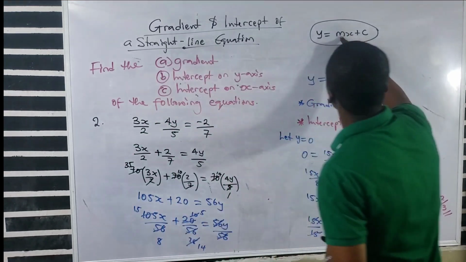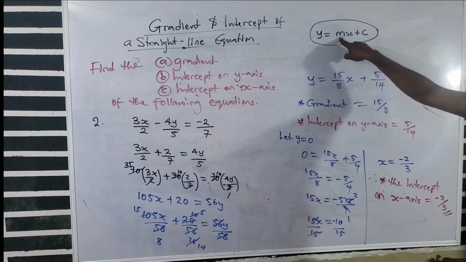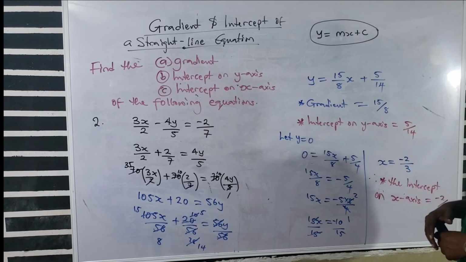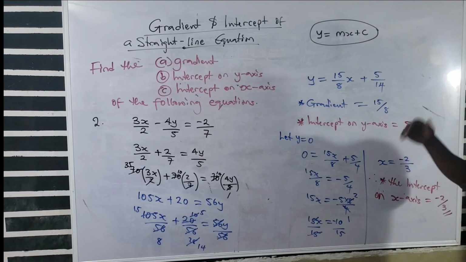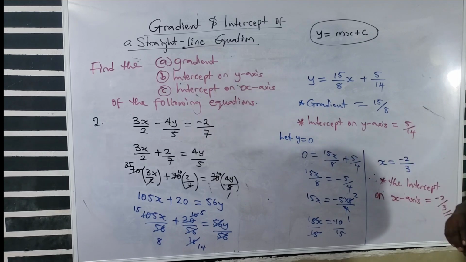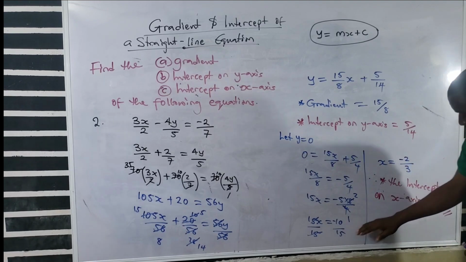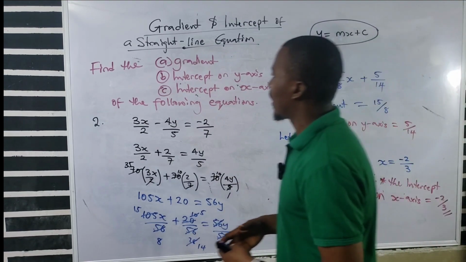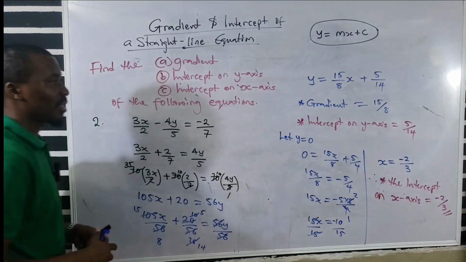That is the coefficient of x and the constant, which are your gradient and the intercept on the y-axis respectively. Then you make y equal to zero, and the value you obtain as your x is the intercept on the x-axis. So that's where we are going to end this class on gradient and intercept of a straight line equation.